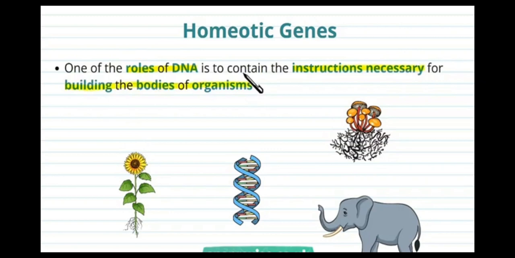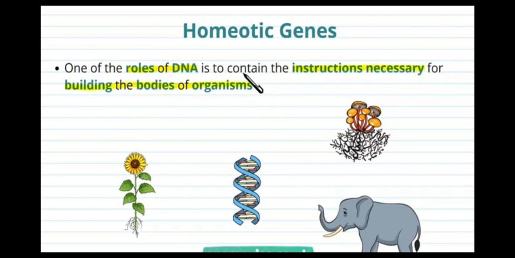Now there is a unity in their development, and this unity in having certain similar characteristics is very intriguing for scientists. While studying, they observed that there are certain genes which are responsible for the body structure similarity in all the animals.